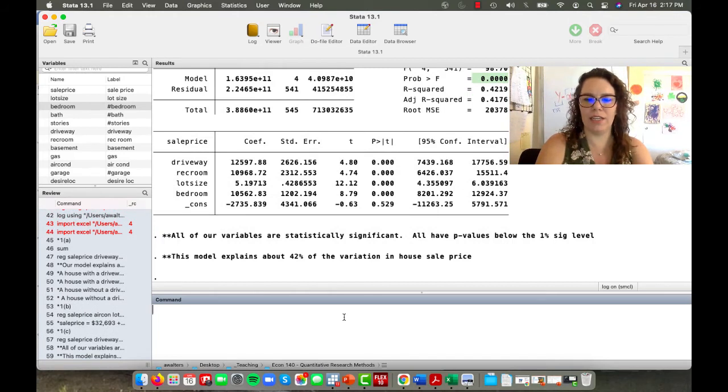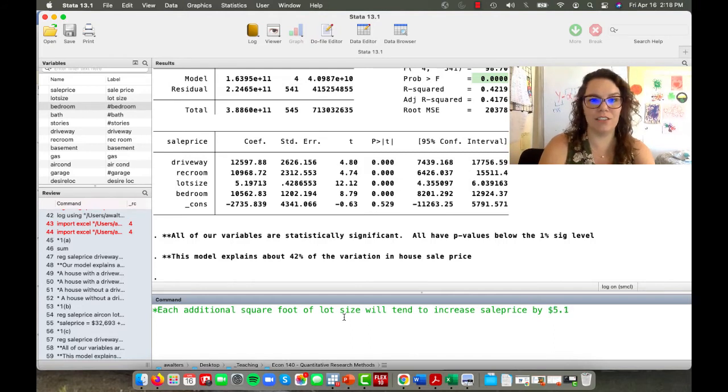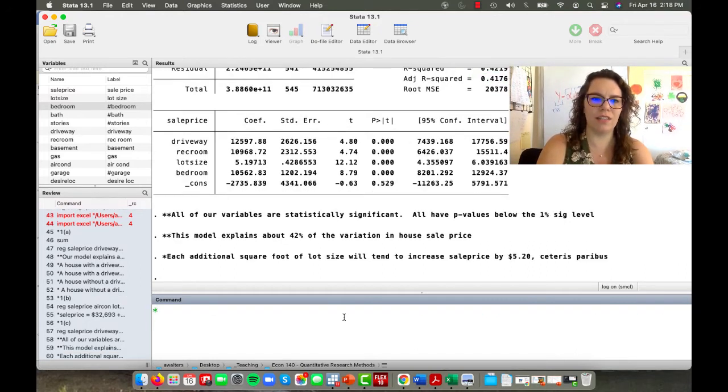And then we are going to interpret two coefficients, the coefficient for rec room and the coefficient for lot size. Each additional square foot of lot size will tend to increase sale price by $5.20, ceteris paribus, holding all else constant. And the same thing for rec room.